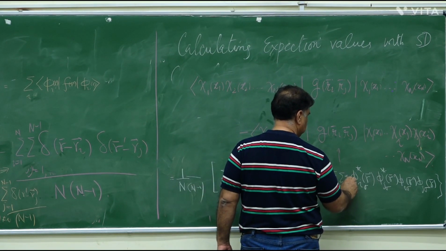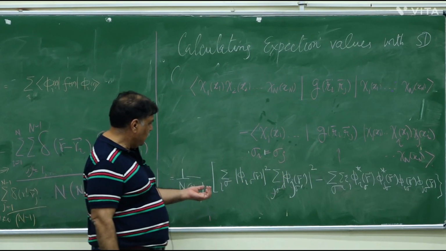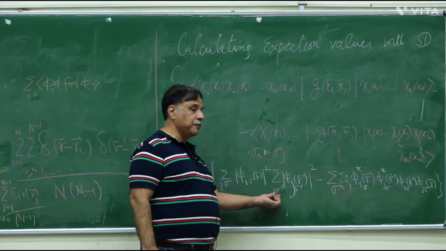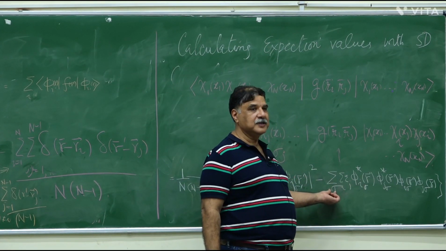Summation i, summation j. Notice the difference. Here I'm summing over sigma and sigma prime both. Here the sigma is the same, so I end up with only one sigma.